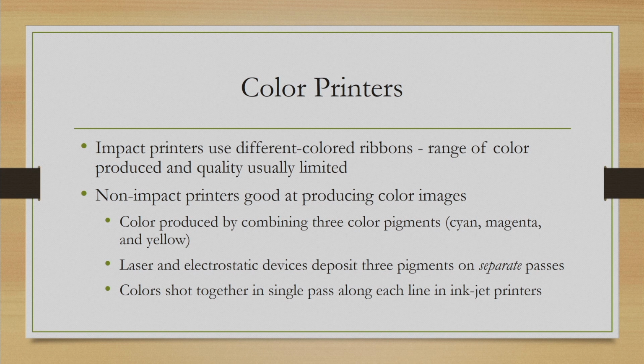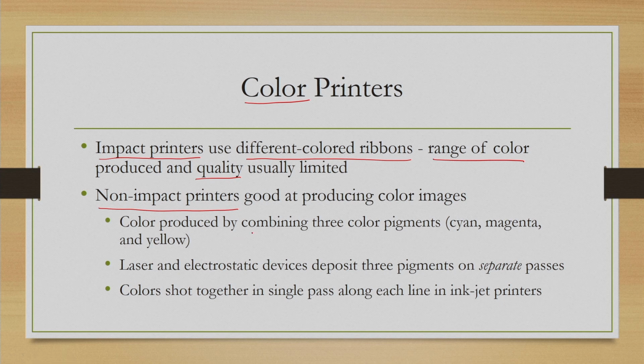So far we have not mentioned anything about color printing. We will quickly try to understand how colored printing works. In case of impact printers, they use different colored ribbons to produce colored printing, but the range of color and quality is usually limited, which is much better in case of non-impact printers.